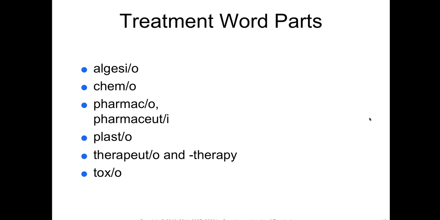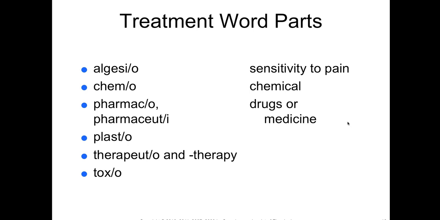Next, let's talk about some treatment words. So we got analgesio, and this means sensitive to pain. Next, we have chemo, which means chemical. Pharmaco or pharmaceuti, we've mentioned before, means drugs or medicine.